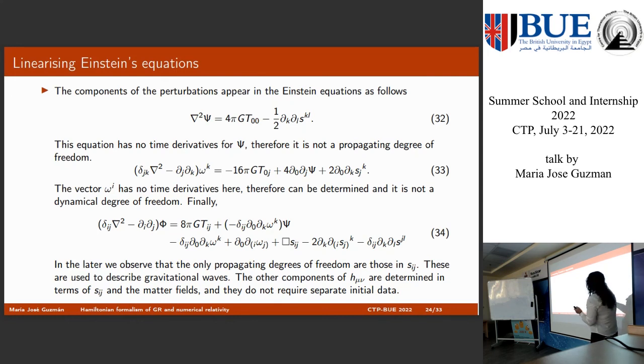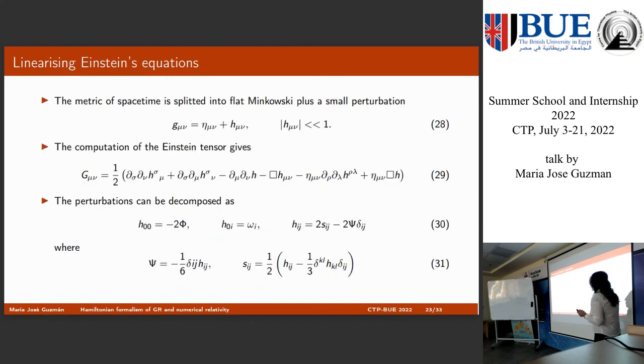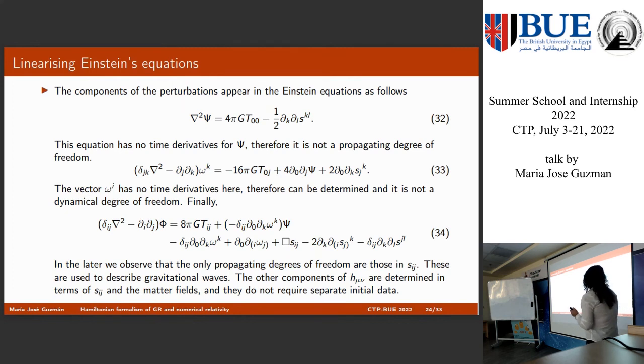And you can study these equations for the linear perturbations, and then you will find that not all the functions that you define in the decomposition will have propagation. The only ones that have propagation are these tensor perturbations.